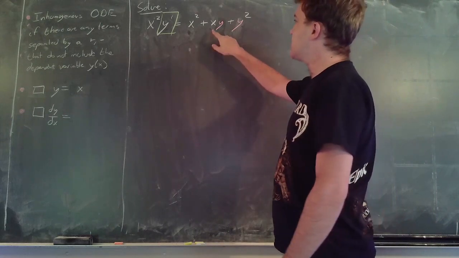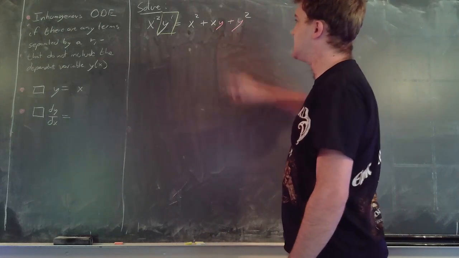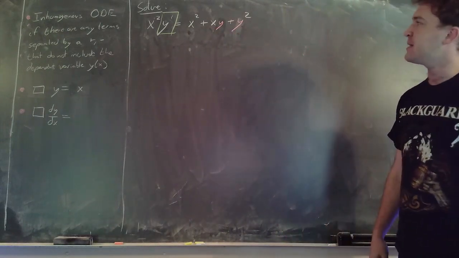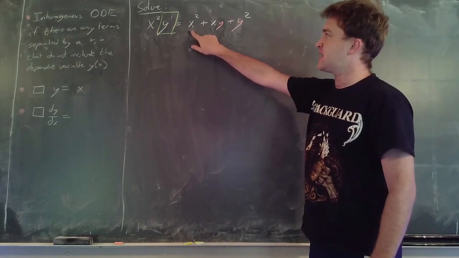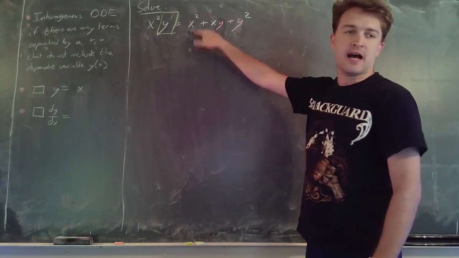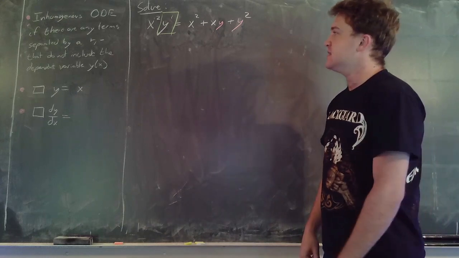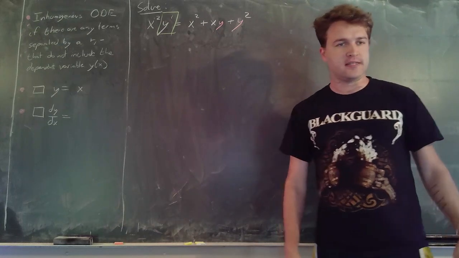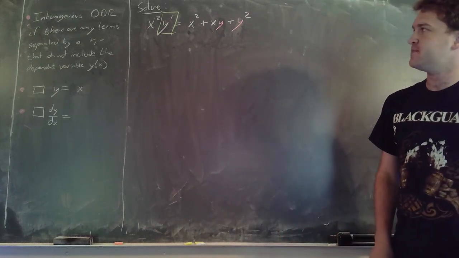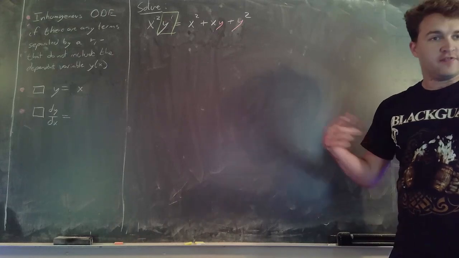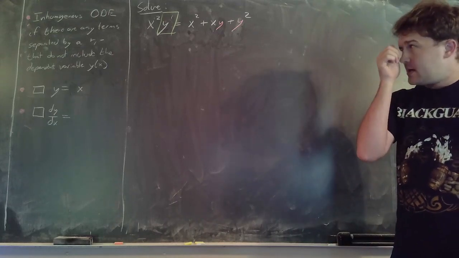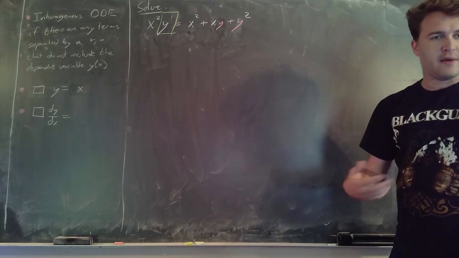So notice here that I have these two terms that contain the dependent variable y, but I do have one term here at the beginning on the right-hand side that does not contain the dependent variable. As a result, this is an inhomogeneous differential equation. If all of them had included the dependent variable, then we would have a homogeneous differential equation.